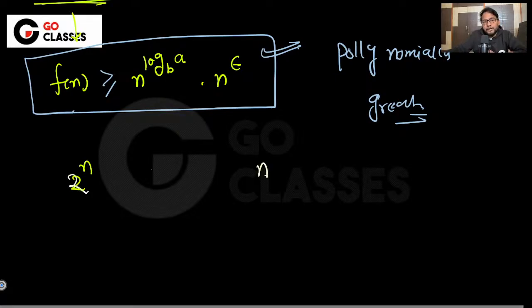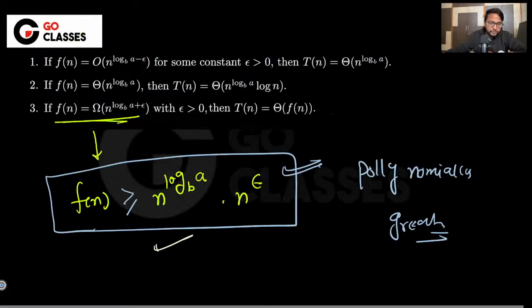Can you say 2 power n is not just greater than or equal, but is also n power, even if you add something, maybe 0.1, some fraction? Is this polynomially greater? Then yes, obviously it is. That's why I said you can introduce some function in between, which is n square. It is greater than or equal to n square, so that's why it is greater. Anyway, don't worry about the formal definition. I've shown it to you, but you don't need to worry about it.